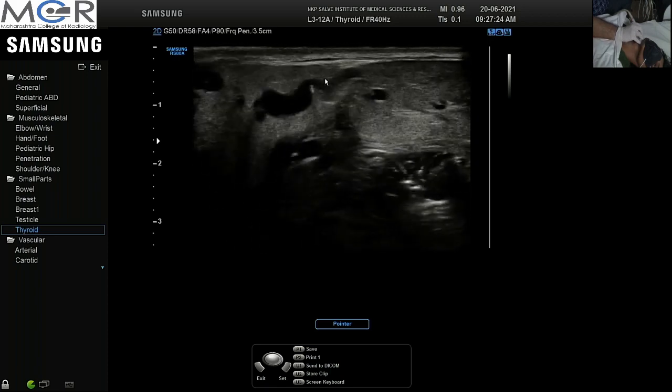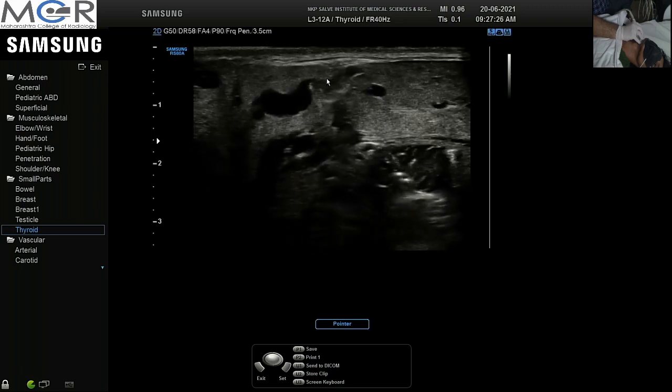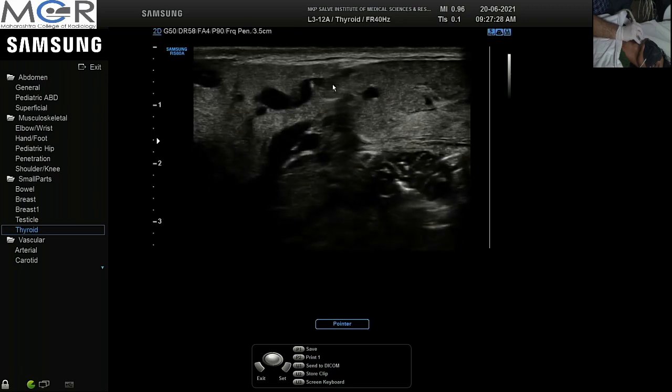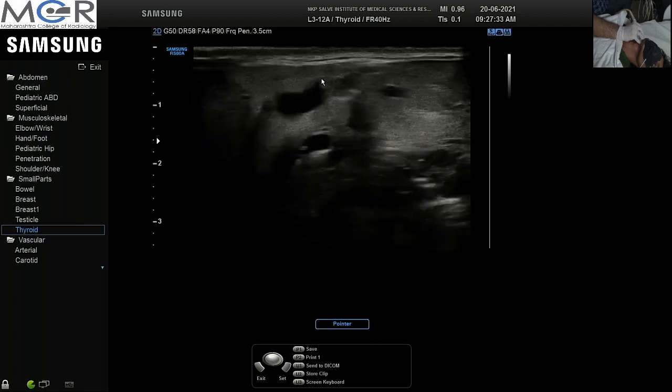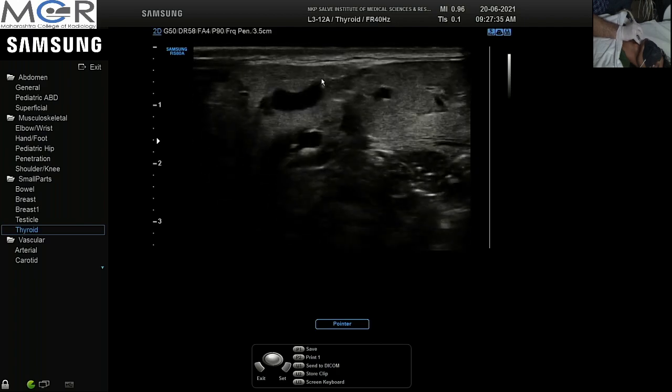The submandibular gland is frequently abutting the apex of the parotid gland, superficial lobe of the parotid gland, like we see here.